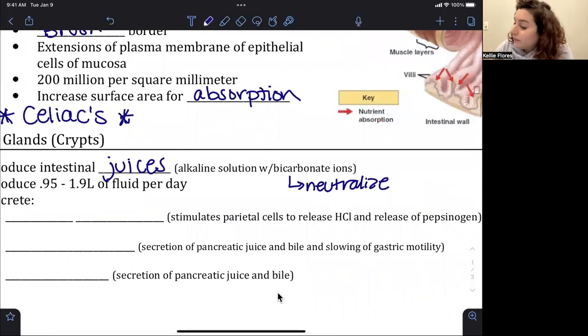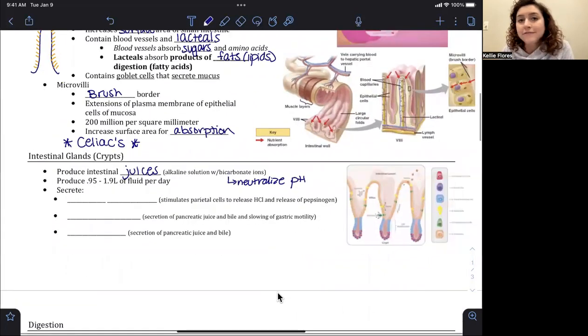So we're trying to bring the pH back up to neutral so that eventually whatever's left when it's exiting the body isn't too acidic. So it's about 1 to 2 liters of these intestinal juices a day.